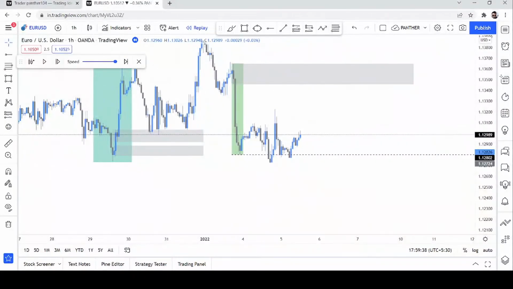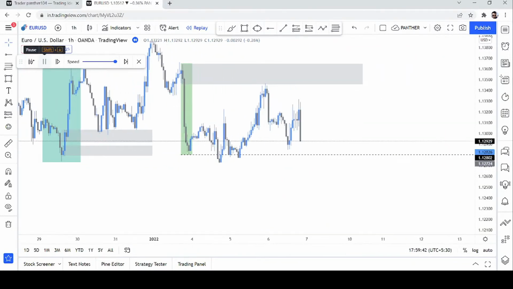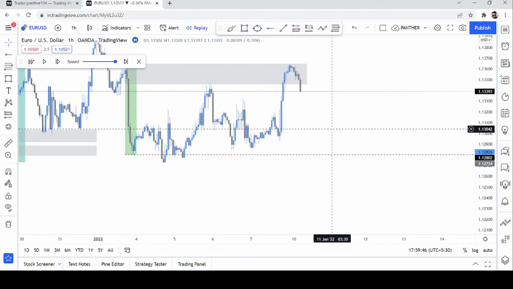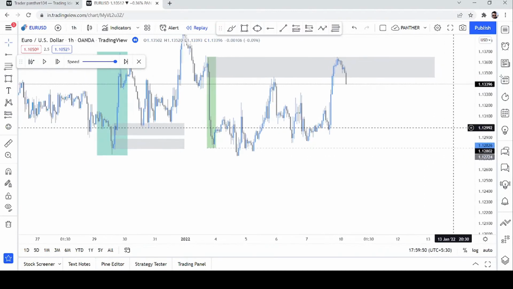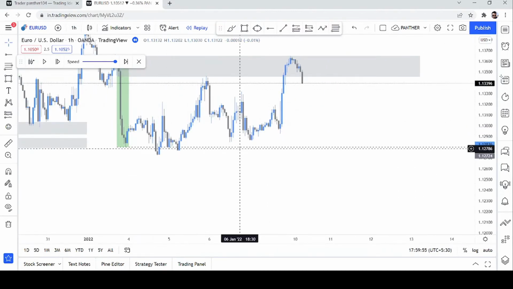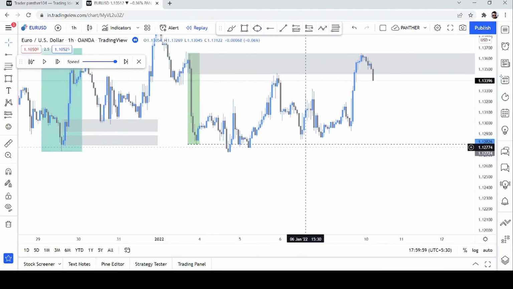Let's see if it does. All right, so here, what do you see? You have a sale from here. It came to our zone after this liquidation, and we were still targeting this. That's fine.